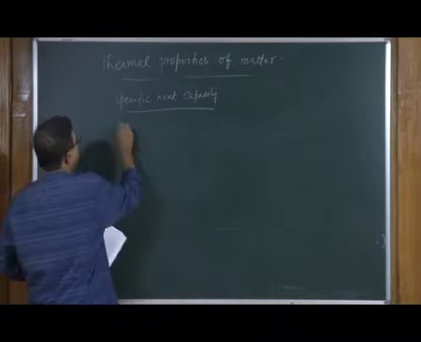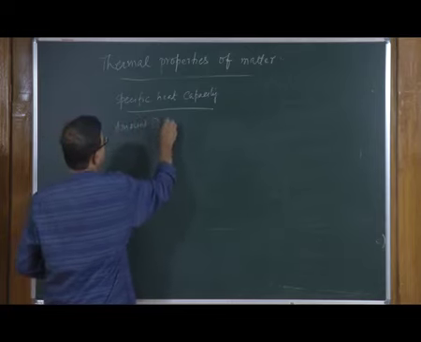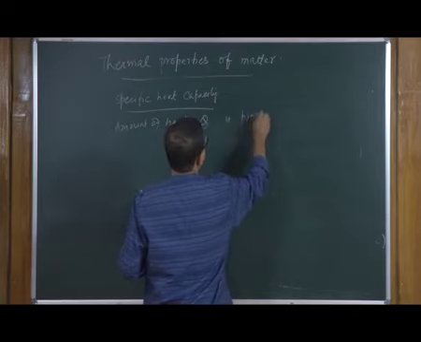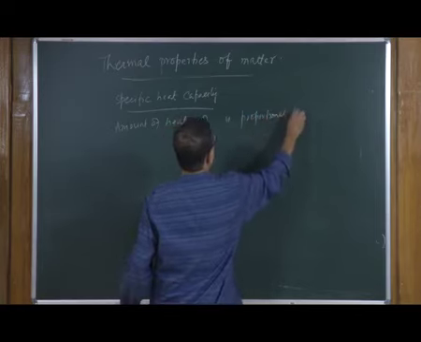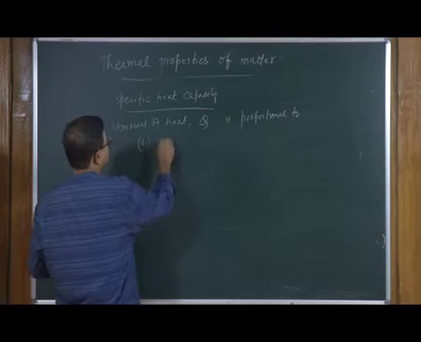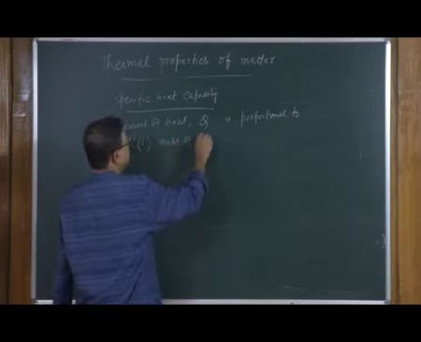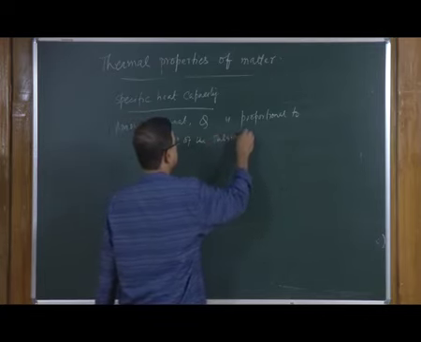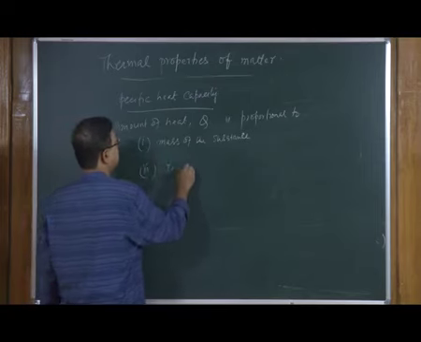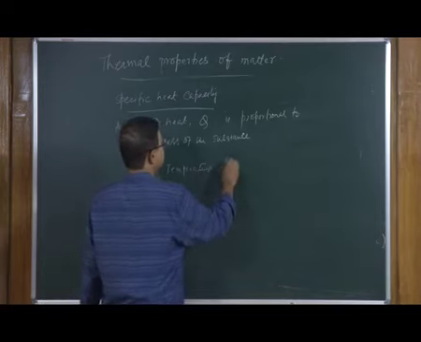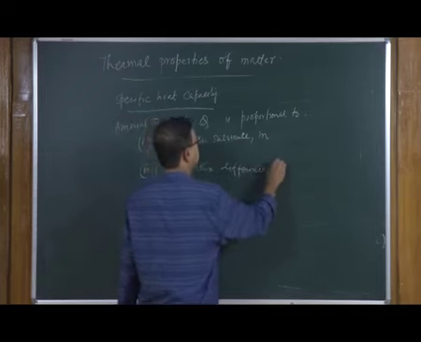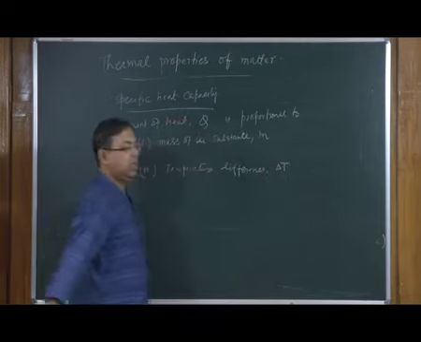So, the amount of heat, let us call it Q, is proportional to one, the mass of the substance, m, and two, the temperature difference, delta T. Okay.